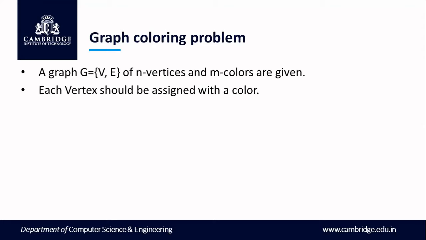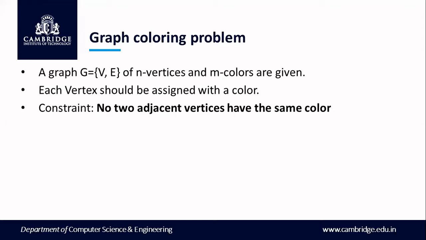Now, the condition in this case is that no two adjacent vertices should have the same color. The condition we need to keep in mind when coloring the vertices is that no two adjacent vertices, meaning the neighbors, should have the same color.